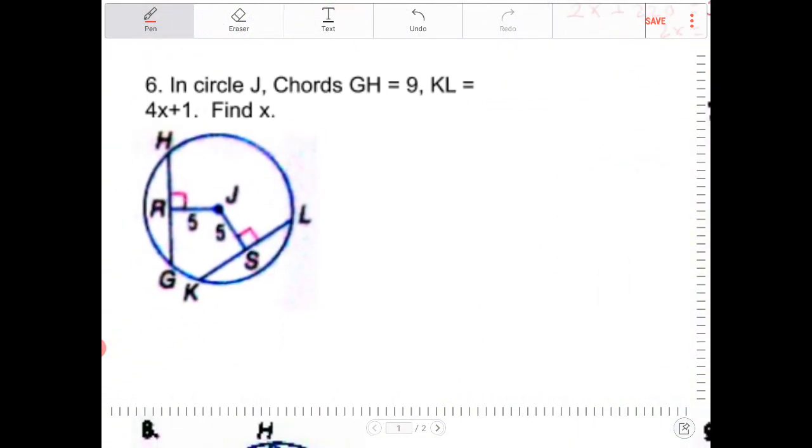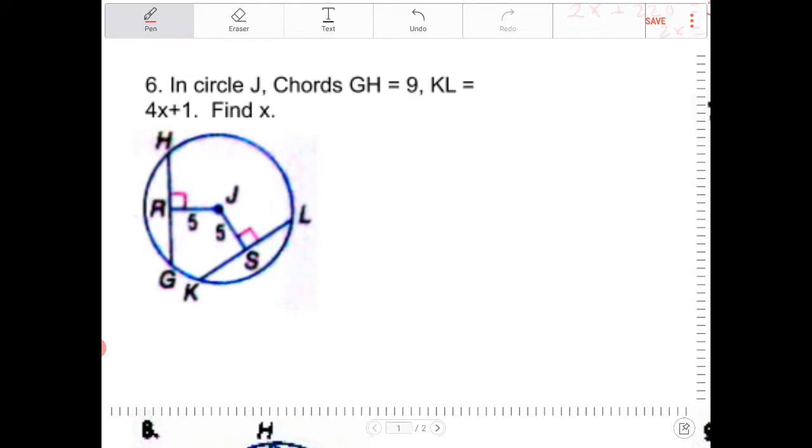In circle J, chords GH is equal to 9, KL is equal to 4x plus 1, find x. So chords that are equal in distance from the center of a circle are going to be congruent. So I noticed there RJ and SJ are perpendicular to their respective chords and they measure the same thing, thereby telling us that the two chords are actually equal in distance away from the center.